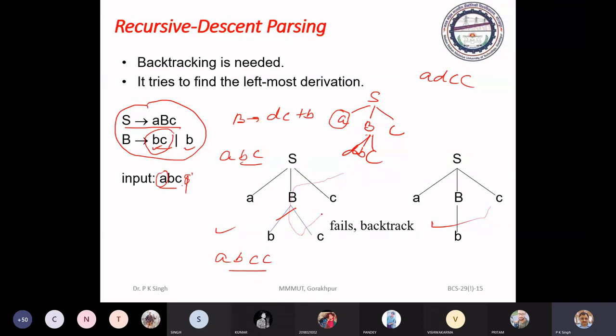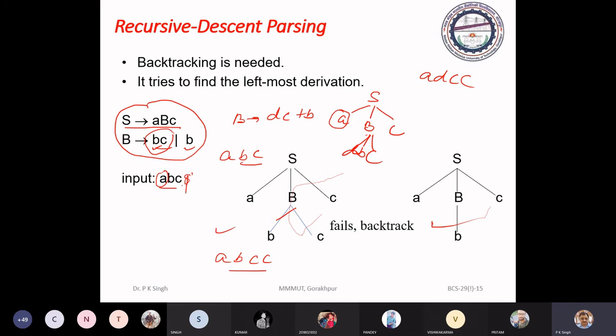If we are not getting the match of the last terminal symbol of the substring with the token pointed to by the input pointer, in that case we have to backtrack and try for the next alternative.